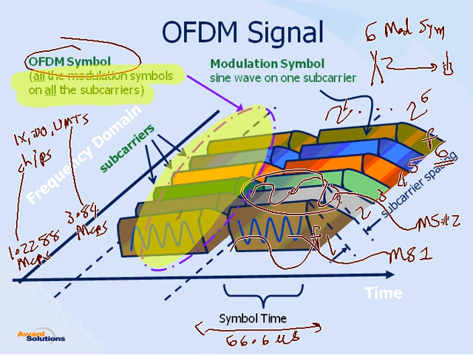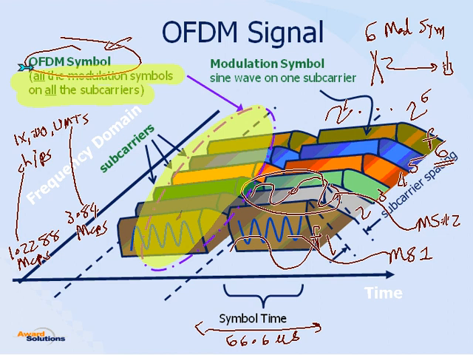Chips go over the air in a CDMA system. Now, what goes over the air in an OFDM system? OFDM symbols. So the base station transmits OFDM symbols. The UE transmits OFDM symbols. So it is the OFDM symbols that go over the air.